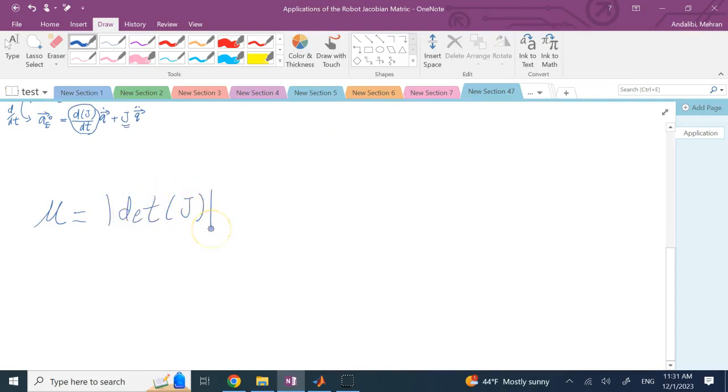If j is square, in general, as I said, it's the square root of the product of the singular values of the matrix JJ transpose, right?